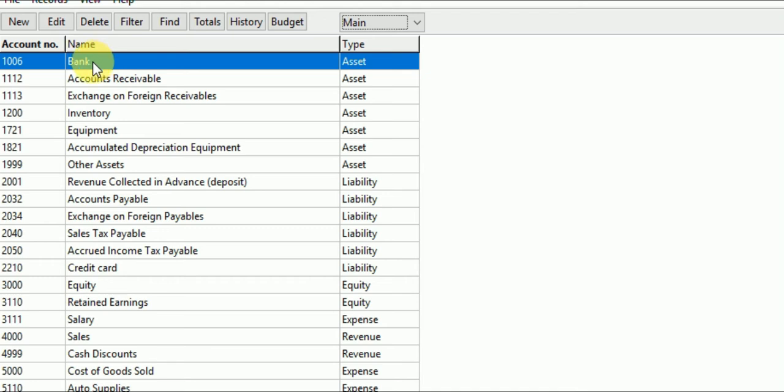If you have like 2, 3 cashiers, pwedeng merong cash sub 1, cash sub 2, cash sub 3, tapos babalansin nila yon on their own, and then you will have a consolidated cash naman. Basta asset ay lahat ng bagay that you have in your company that is of value. So, syempre, cash of value yan, di ba?